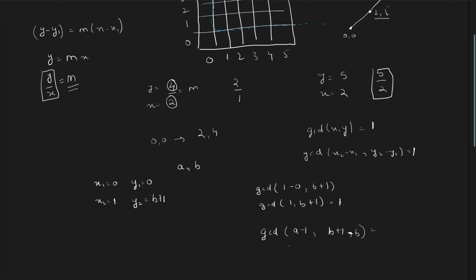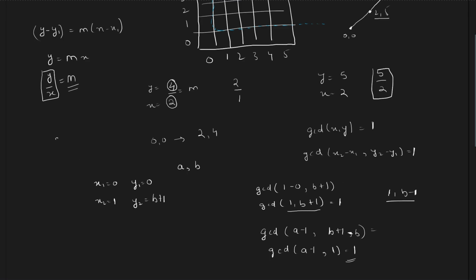Again the GCD will be the GCD of some value, a minus 1, and 1 will be left here. Again the GCD would be 1. So I can safely make a jump from 1 comma b plus 1, or you can also take it as 1 comma b minus 1. It's your wish. Whichever value you take, both will work. So we can make a jump from 1 comma b minus 1 to a comma b in one move. So this is exactly how you can make the jump in two moves.